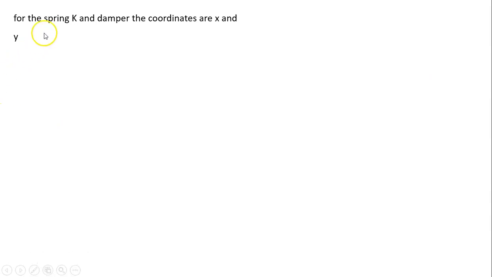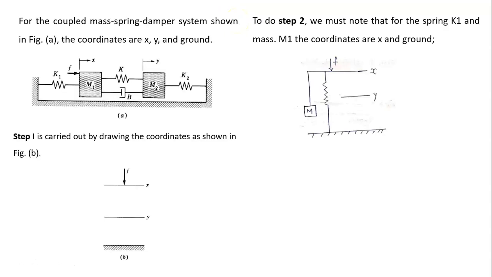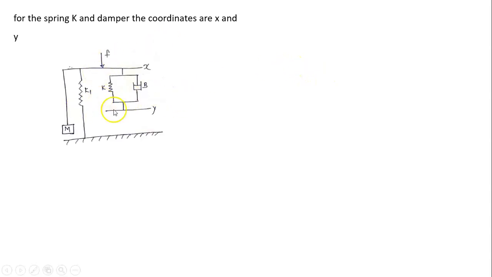Now, for the spring K and damper B, the coordinates are X and Y. They are in between X and Y. Therefore, this is the diagram: mass M1, spring K1 as it is.